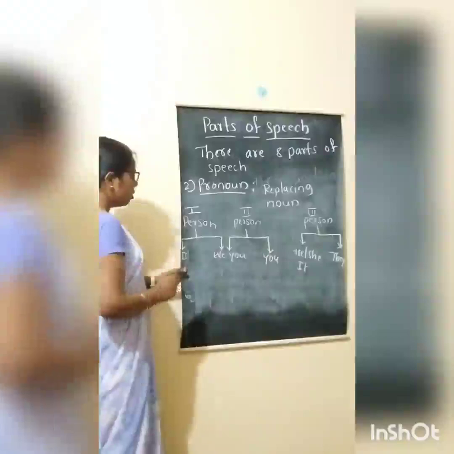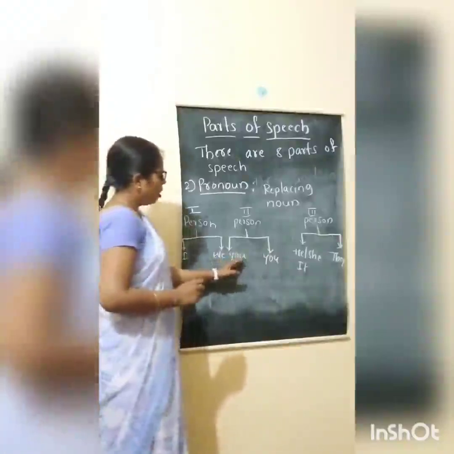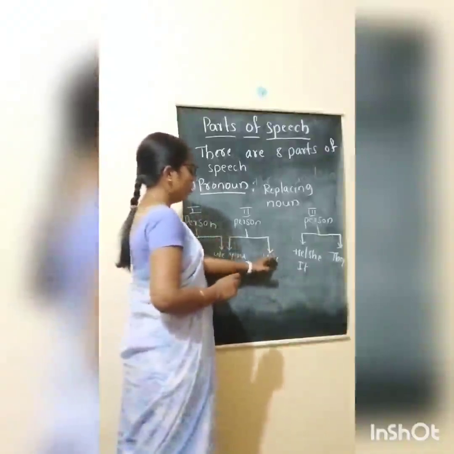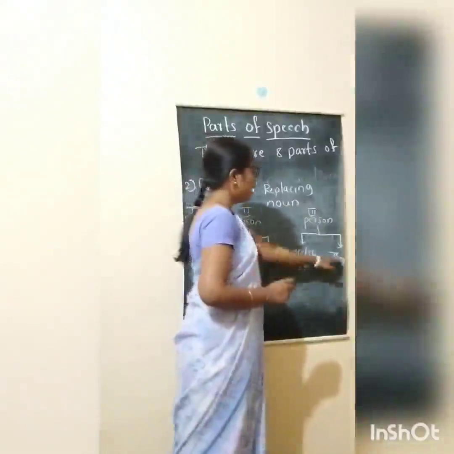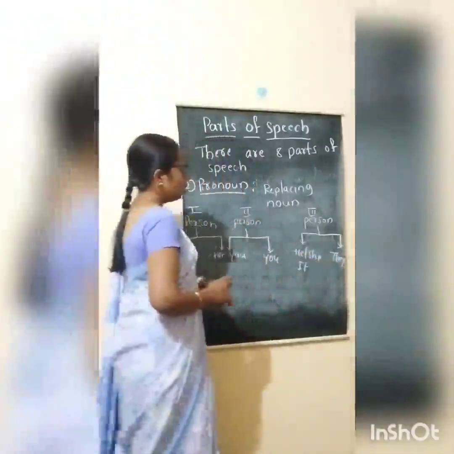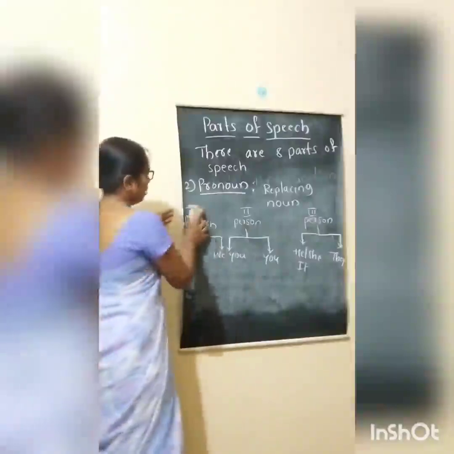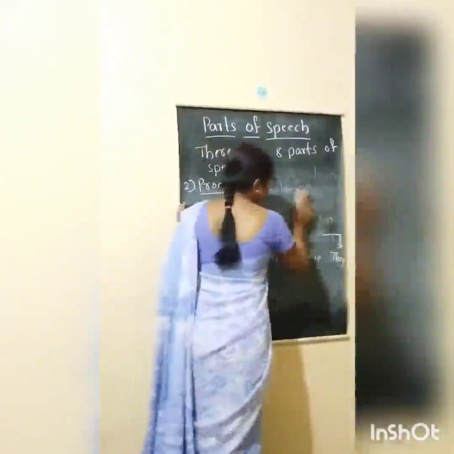Here I is a singular form, we is a plural form. You is a singular form and a plural form also. He, she, it is a singular form and they is a plural form. Again in this there are four types of pronouns. Let us see which are those.